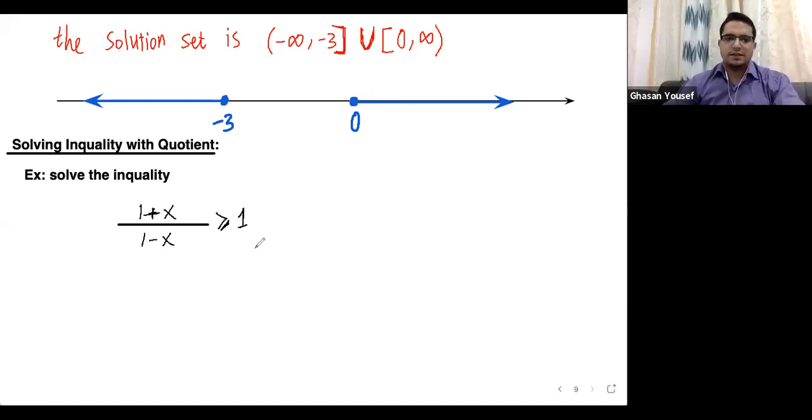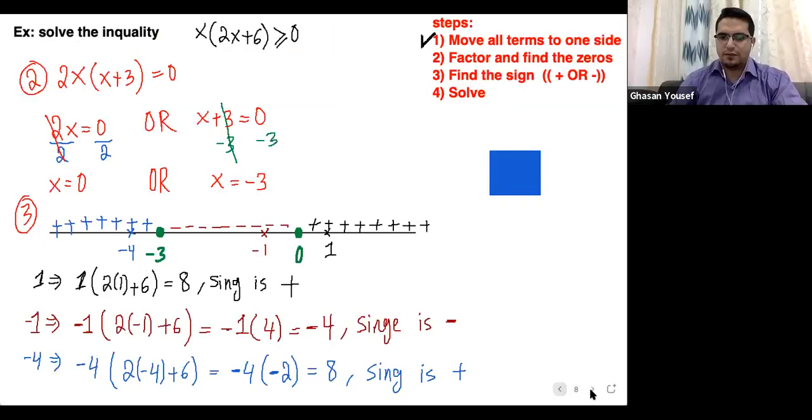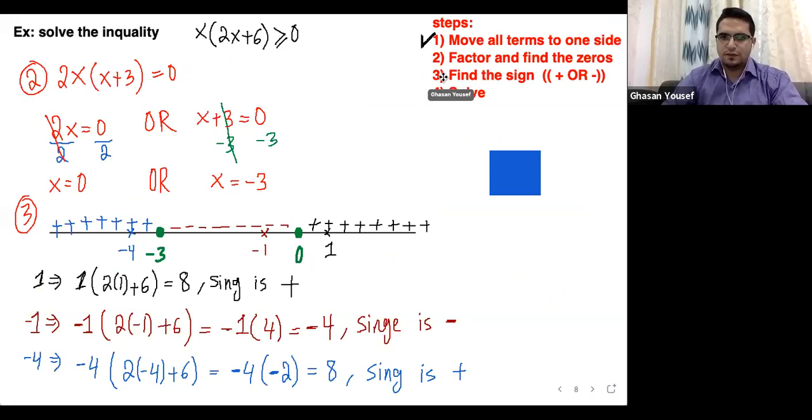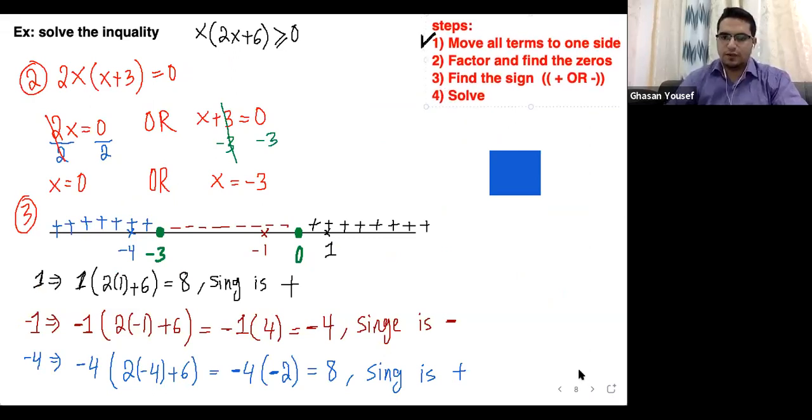So this is a quotient because we have a fraction. There are some steps, and we're going to mention the steps for how to solve something like this. The steps are the same as before, but there are some different things. So I'm going to copy the steps. Here are the steps.